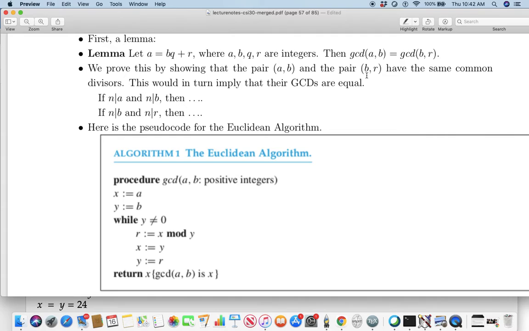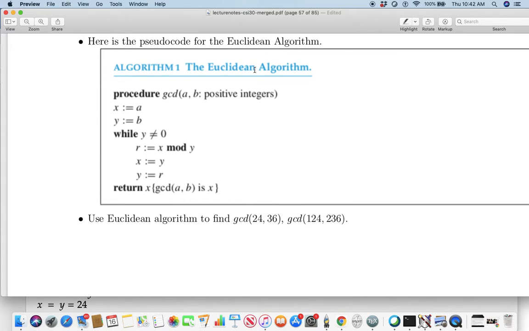On the other hand, any factor of b and r is a factor of b, and the sum of them is a, so it is a factor of a. So any factor of the pair (a, b) is also a factor of the pair (b, r). The largest factor of these two is also a factor here. Therefore, the greatest factors are equal.